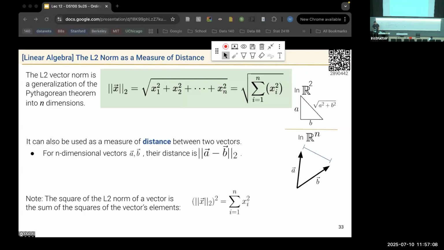We like the square root because it makes the units nice, back into the original units. However, square roots are sometimes not the nicest to work with in math, so we sometimes square the L2 norm just to get rid of that square root, so we can do some calculations.